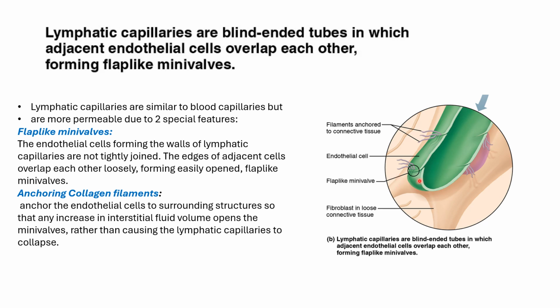So the fluid can go inside the lymphatic capillary. It cannot come back out from the lymphatic capillary, because if it comes back, this cell presses against this, and this flap is closed. And these flaps are anchored to the surrounding connective tissue via these anchoring collagen filaments, and they also make sure that it is one-sided flow of lymph.